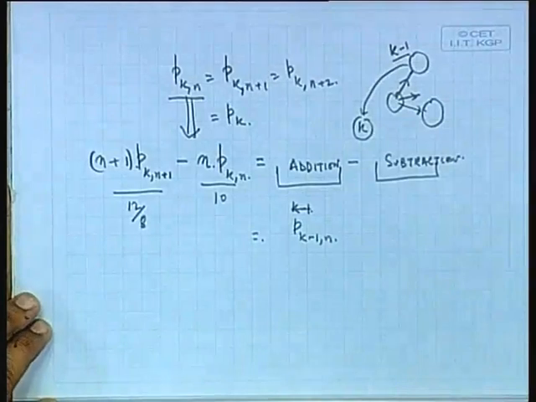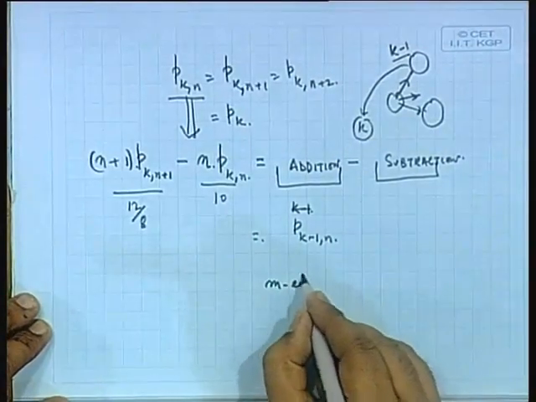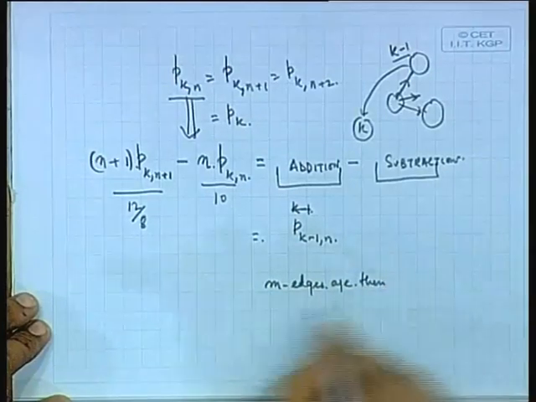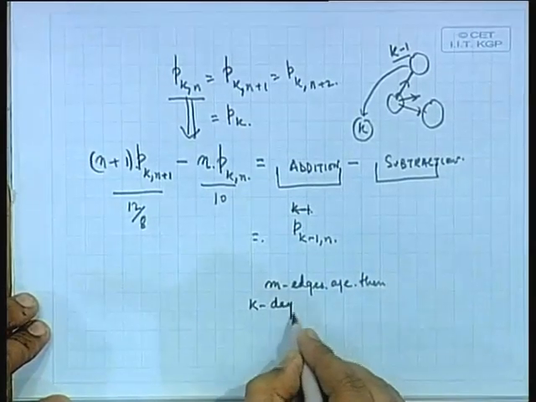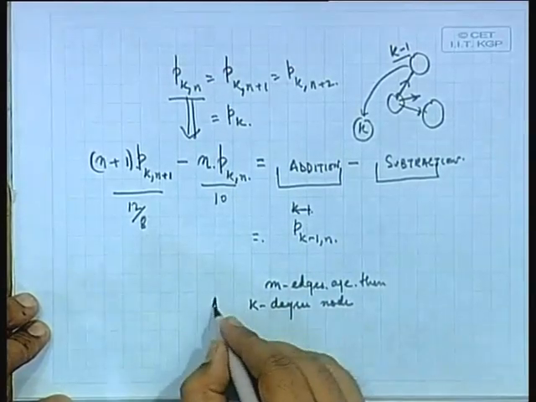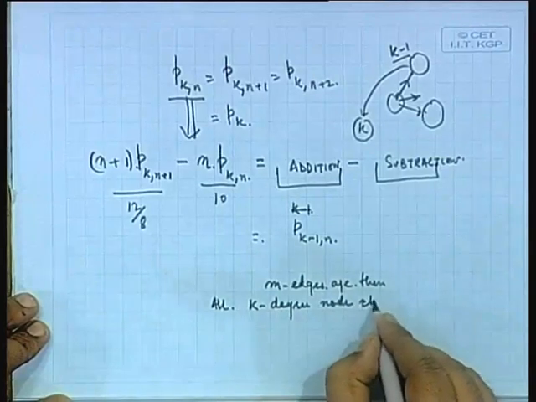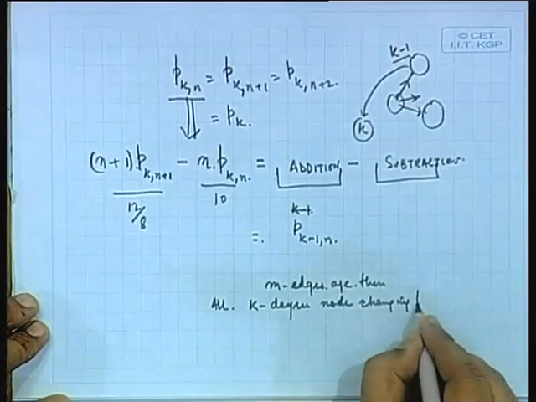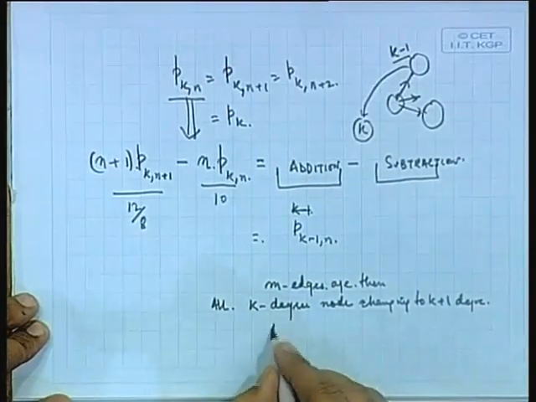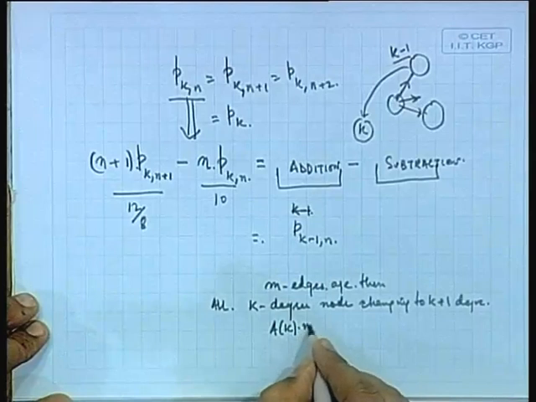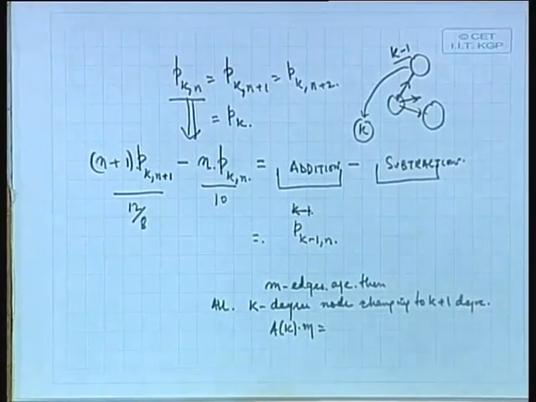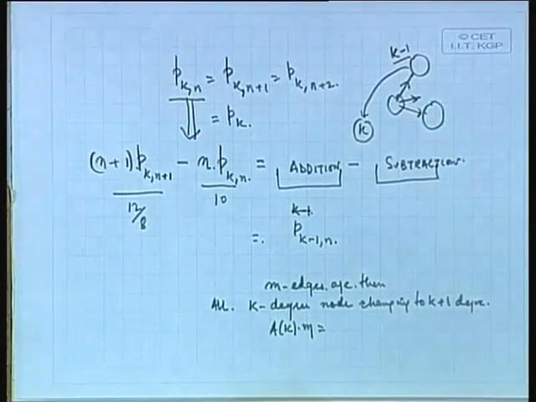But if I think that m edges are added, then all k degree nodes changing to k plus 1 degree node will be this, k into m, because we think they are independent.